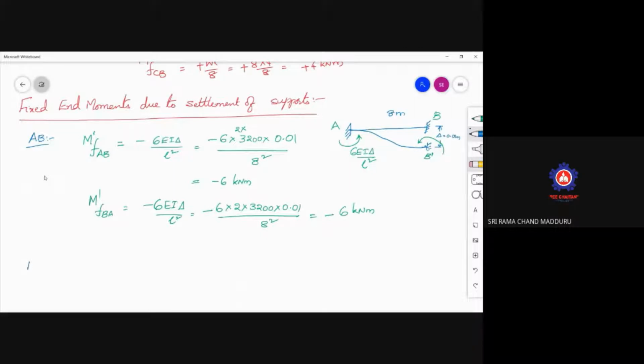Whereas coming to the BC span, what happens for the BC span? This is your span of length 4 meters, which is fixed here. So we are calculating fixed end moments due to support settlement. So this point has become like this.